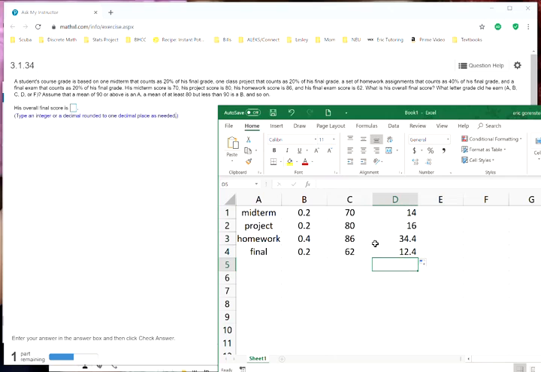Okay, so these are the total points accumulated from all 4 of these categories. And if we add them up, so equal, sum, parentheses, location of the data. Okay, so the sum of the 4 numbers above in column D, D1 through D4. All right, so 76.8.